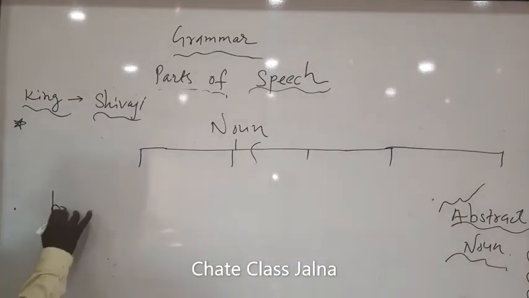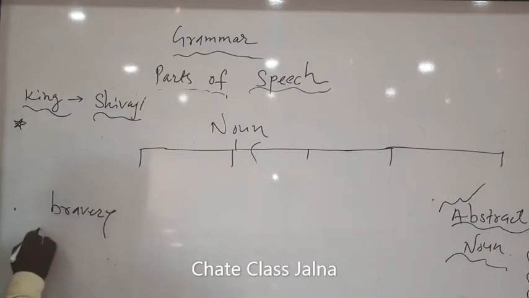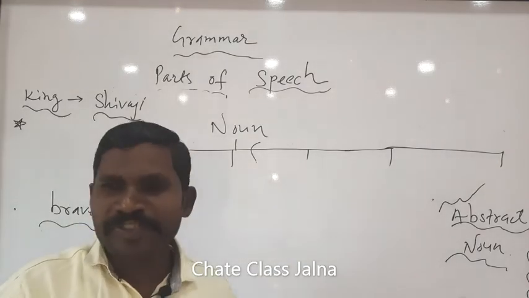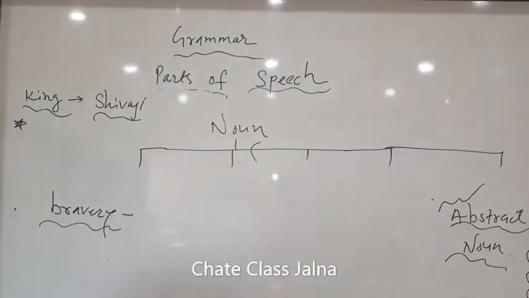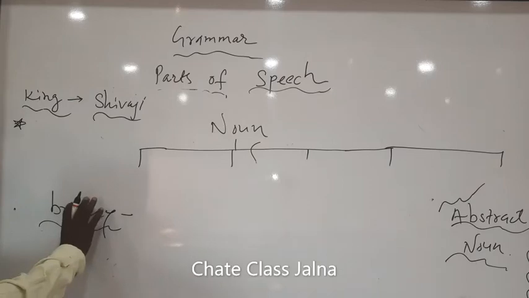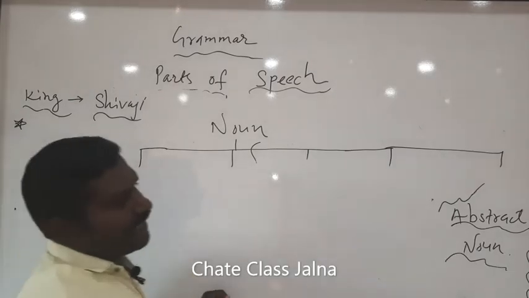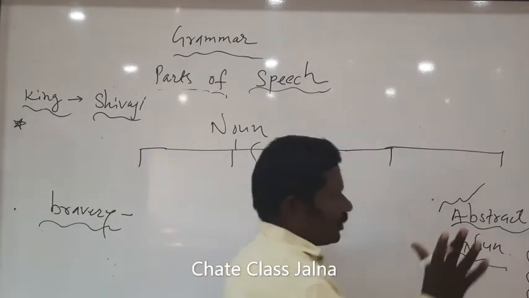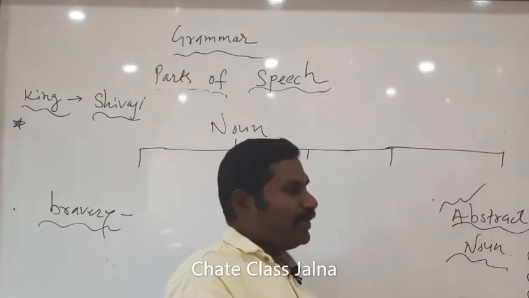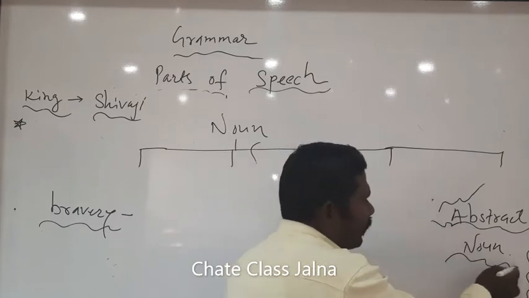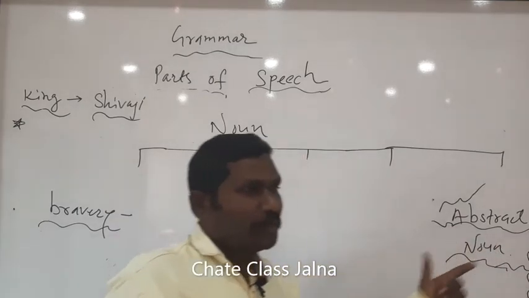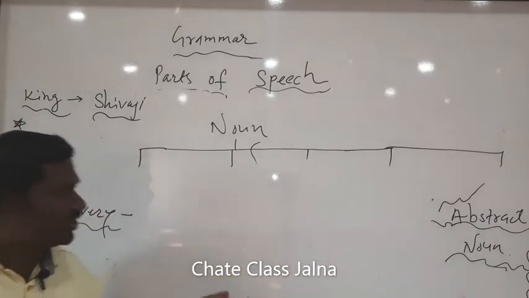For example, bravery. We have taken the example of bravery. Have you ever seen that bravery somewhere else? It is sold in the market or somewhere else. We can go there and particularly buy that what much bravery is needed. Definitely no, because bravery is that concept, that sense. It is the abstract. It is not the concrete one. It is not having physical body or specific features, those we can feel by touching it or whatsoever.